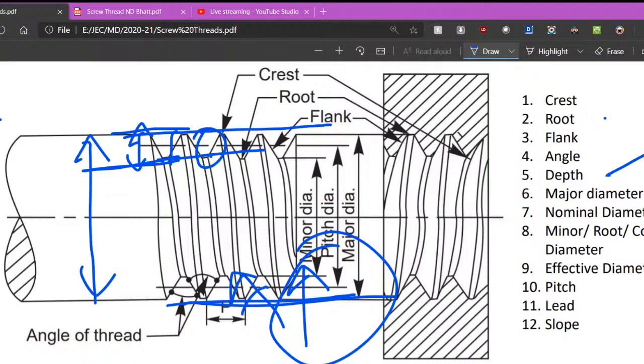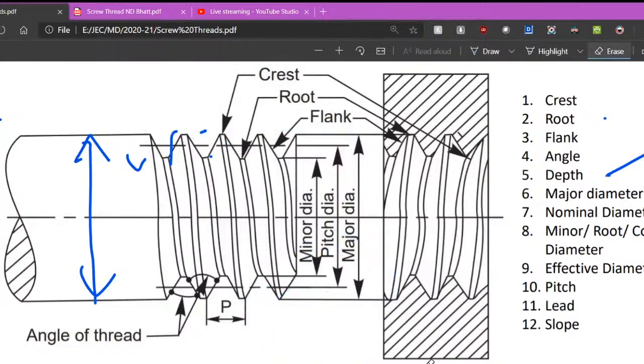So what is the measure diameter? I will discuss it now. So what happens, why do we use two different terms? You see, major diameter is the same as the nominal diameter, point number 7, but there is a small difference.